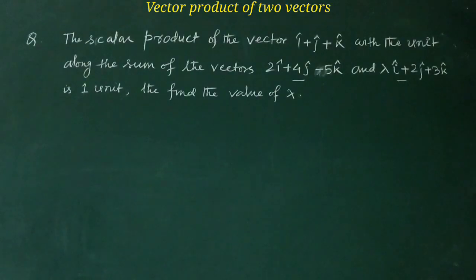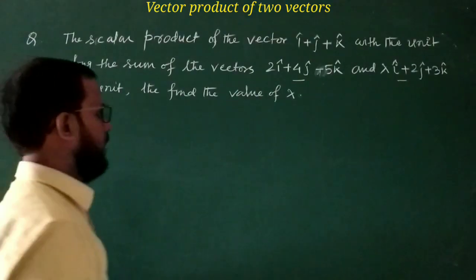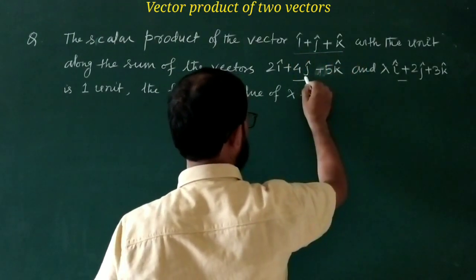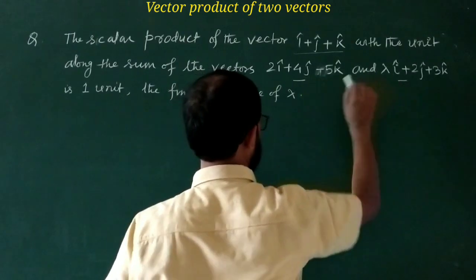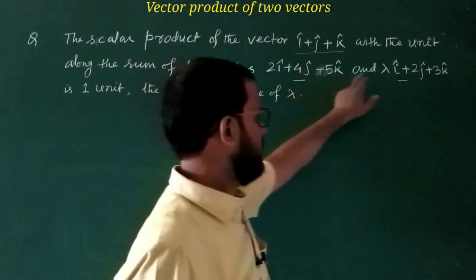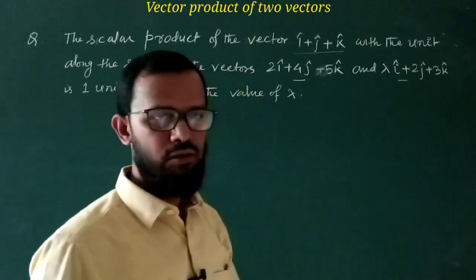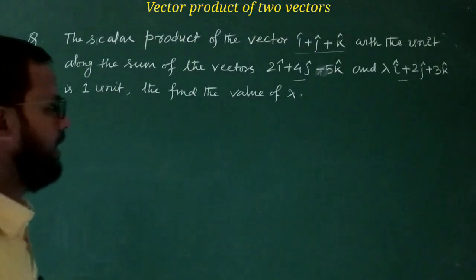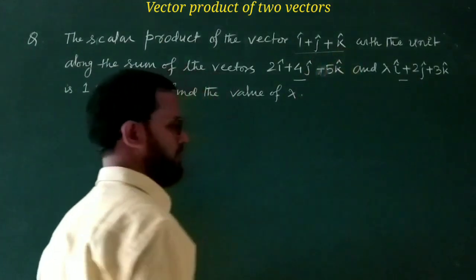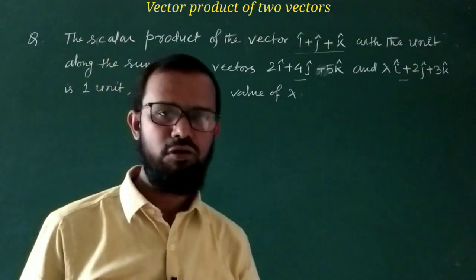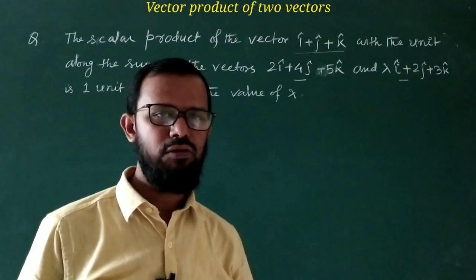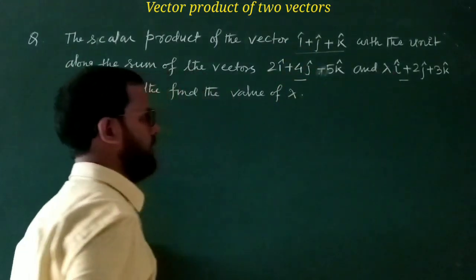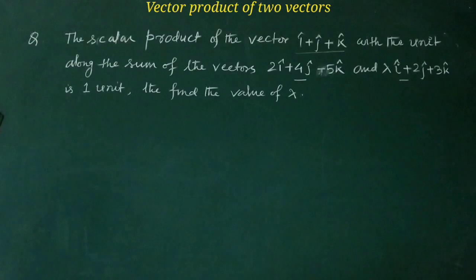This is a very interesting question. ये दोनों वेक्टर सम करने के बाद जो वेक्टर मिलेगा, उस वेक्टर के डायरेक्शन में जो यूनिट वेक्टर होगा, that unit vector and I cap plus j cap plus k cap, इन दोनों के बीच जो स्केलर प्रोडक्ट या डॉट प्रोडक्ट होगा, and that dot product is equal to what? 1. So this vector is already given. We have to find out the unit vector along the sum of these two vectors.